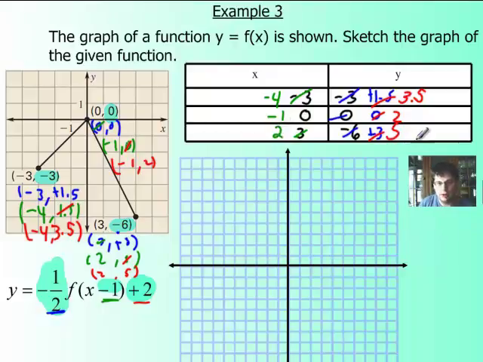Okay, cool. All right, so I have my final ordered pairs for this new function, which are -4, 3.5, -1, 2, and 2, 5. Let's go ahead and plot those.